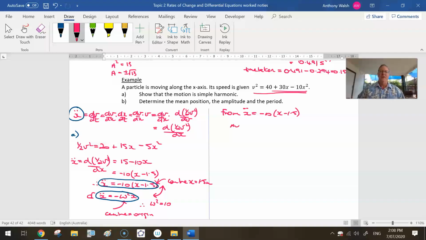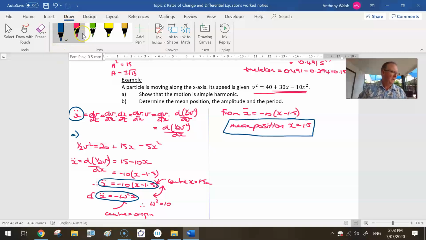As I mentioned before, the center is not at the origin, but at x equal to 1.5 from this bit over here. So there, we've worked out mean position as well as the period. Okay, what else? The amplitude.